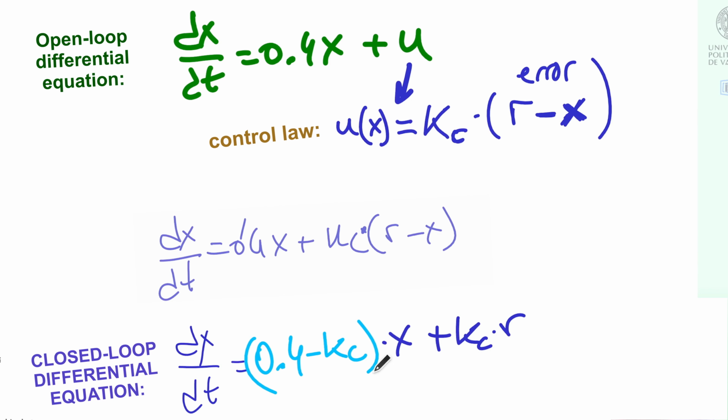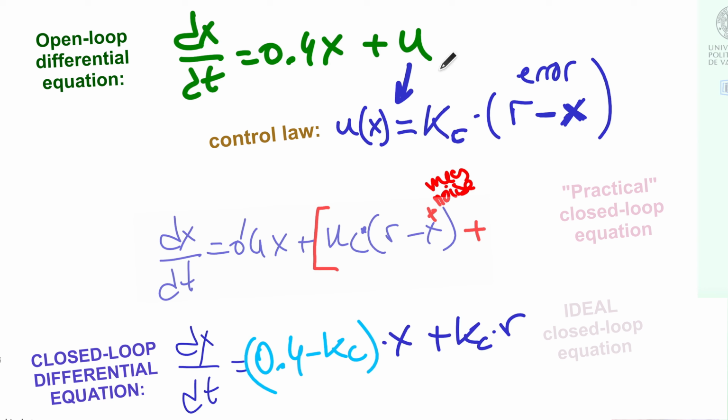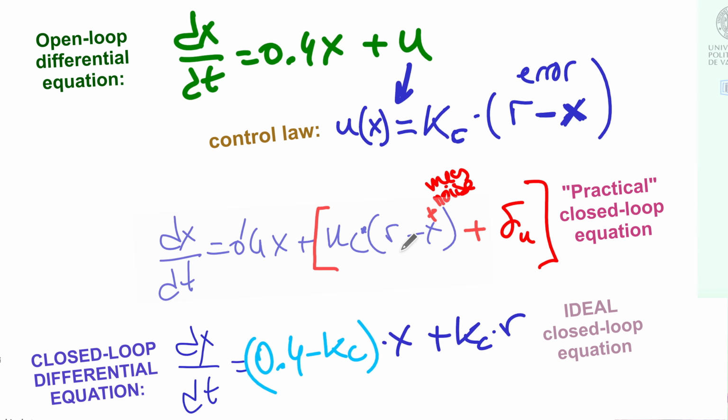Just a side note: in practical applications we may need to consider that we have measurement noise here, and the actual control action will be the commanded one plus some bias, miscalibration or leakage or whatever, which we will call delta U. Then the full closed-loop analysis would need to assess the impact of these two extra unknown inputs.